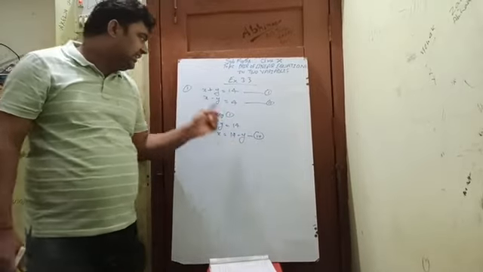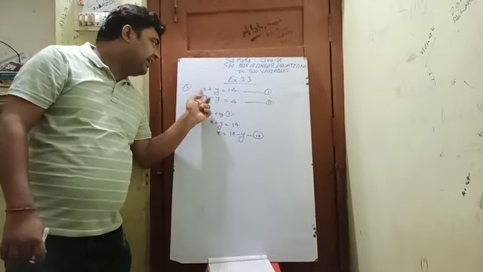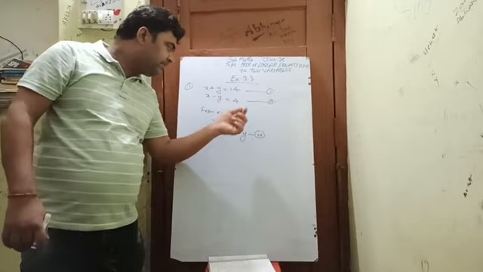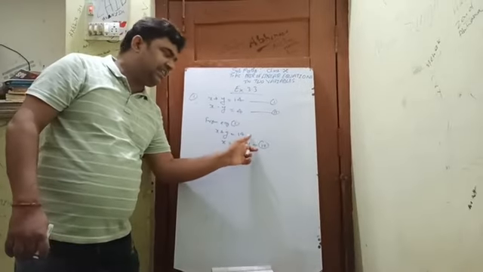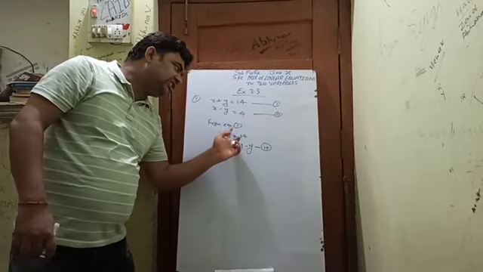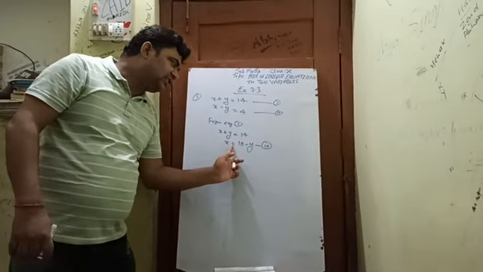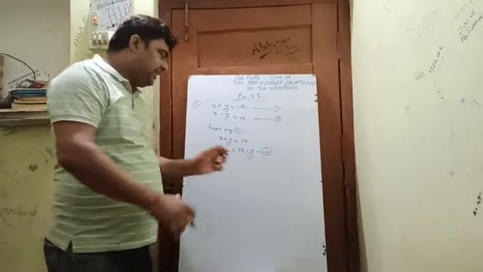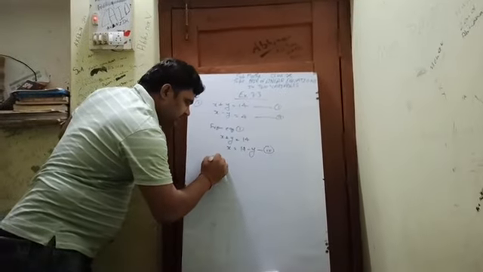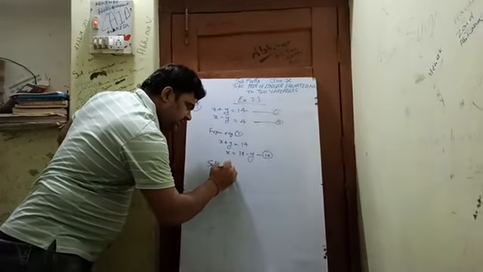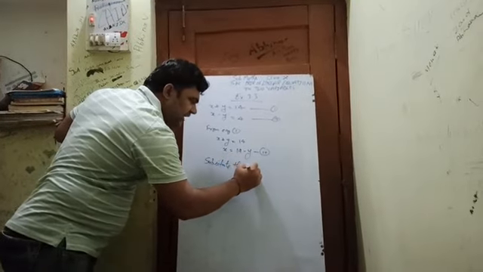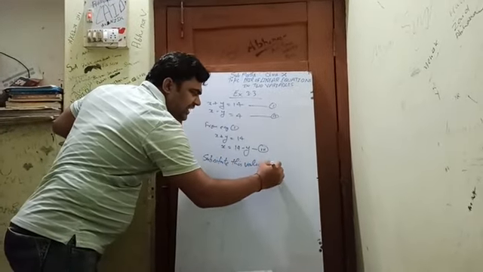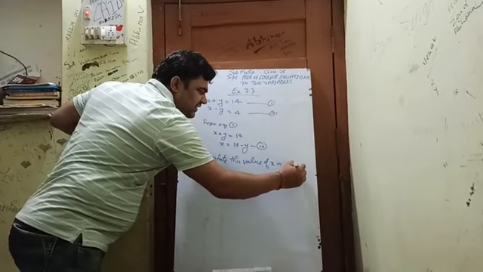What I have done? I have taken the first equation x plus y is equal to 14 and then by transposing plus y to this side, we change the sign, plus changes into minus, so we get x is equal to 14 minus y. Now, substitute this value of x in equation second.